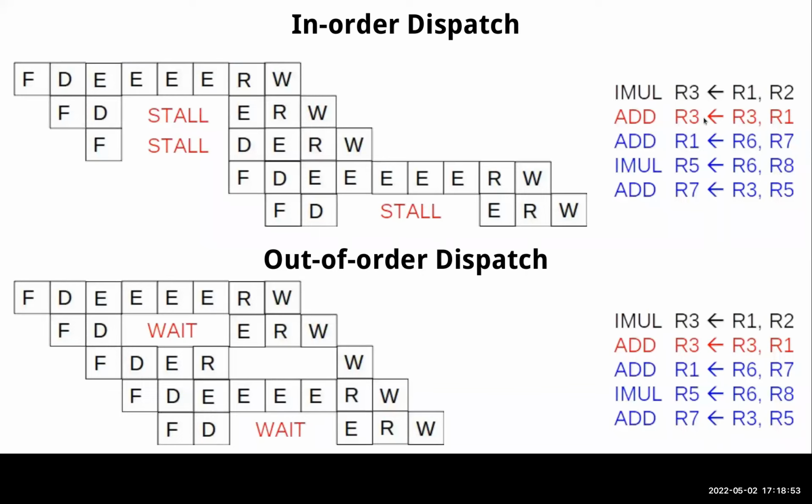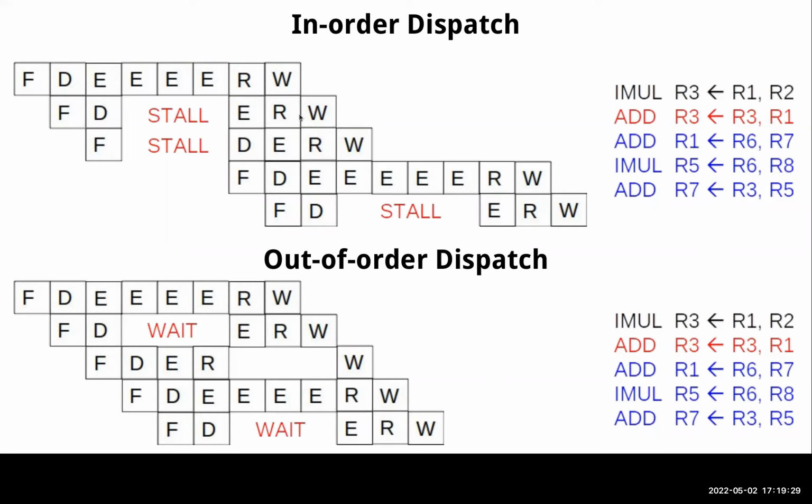For the second instruction, we fetch, we decode, then because we need the value of R3, we have to wait there. We cannot execute until the first instruction finishes execution. Even though this instruction is very fast and only takes 1 cycle, it gets blocked for 3 cycles.